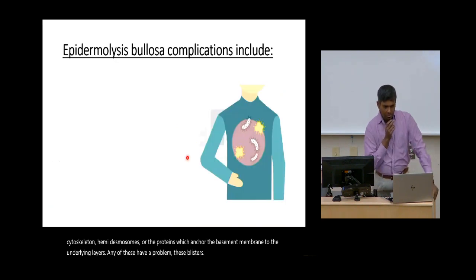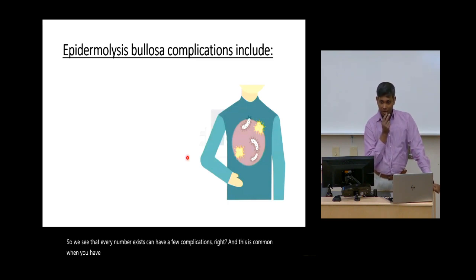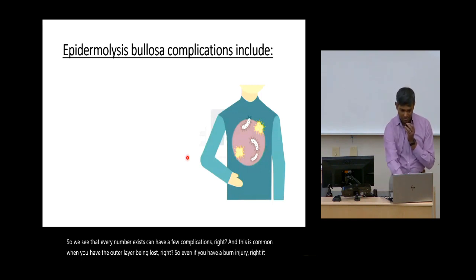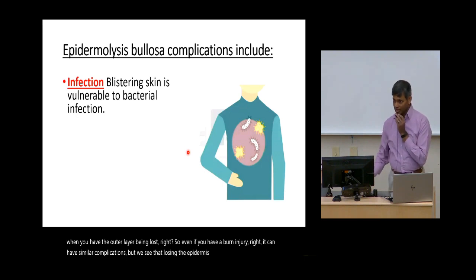So we see that epidermolysis bullosa can have a few complications, right? And this is common to when you have the outer layer being lost. Even if you have a burn injury, it can have similar complications. But we see that losing the epidermis is going to increase the risk of infection.